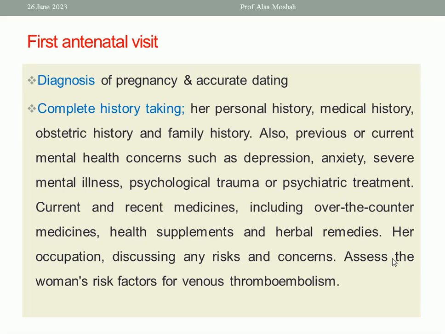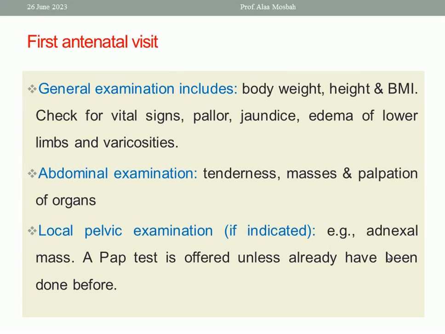Also, you should know the occupation of the woman, discuss any risks and concerns, and assess the woman's risk factors for venous thromboembolism. So all of these are important. Then you are going to do a general examination, including body weight, height, body mass index. Also, you should check for vital signs, pallor, jaundice, edema of lower limbs, varicosities, and any signs of deep venous thrombosis.